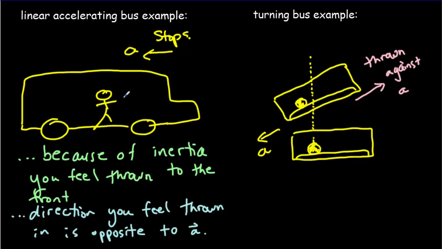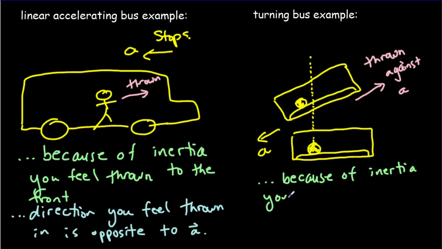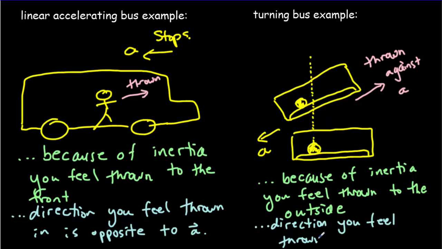You felt thrown forwards here because of your inertia. You feel thrown outwards here because of inertia. So because of inertia, you feel thrown to the outside. And the direction you feel thrown is opposite to the direction of the acceleration.